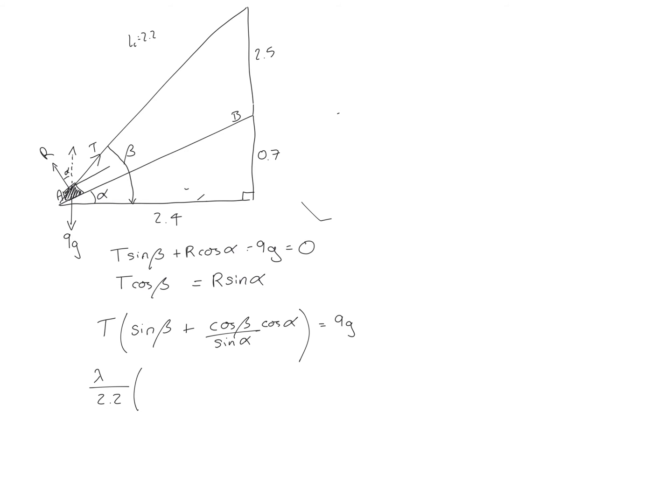So let's work out some diagonal lengths on here by a bit of Pythagoras. So the square root of 2.4 squared plus 0.7 squared is 2.5 along there. And let's do this one. So that's 3.2, square root of 3.2 squared plus 2.4 squared is 4.